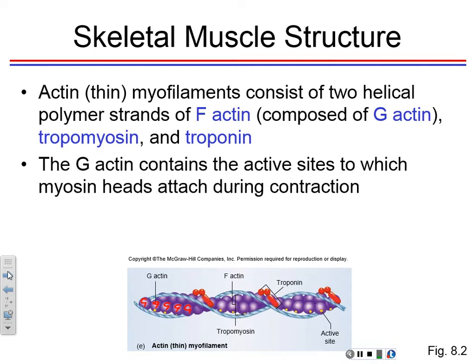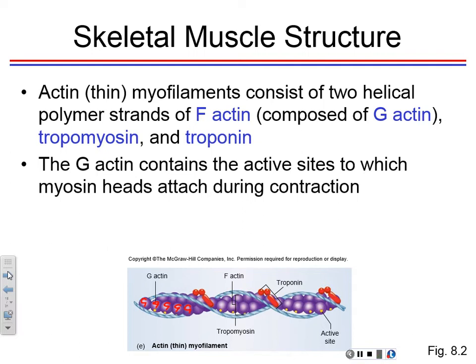One, the actin. Actin is a thinner filament, but it's the busiest. It's a lot busier than myosin, the thick filaments, because all the action is going on the actin, the thin filaments, because the actin has the active binding sites. All myosin does is that when the binding sites are exposed, it binds.